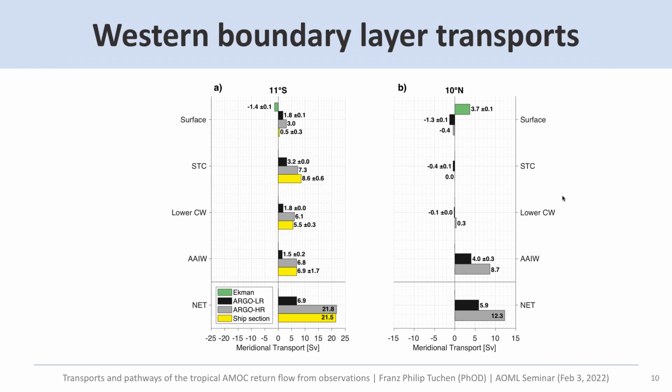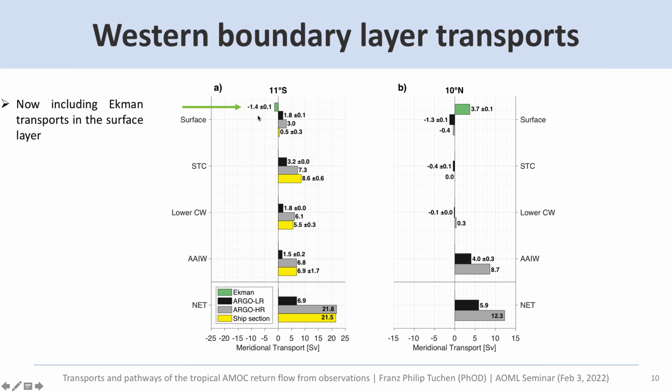Okay, and then putting real transport numbers on these layers. We integrated the transports shown in these different water mass layers, which are shown in these bars here. Again, for the ship section, low resolution products in black, and the high resolution product in gray.